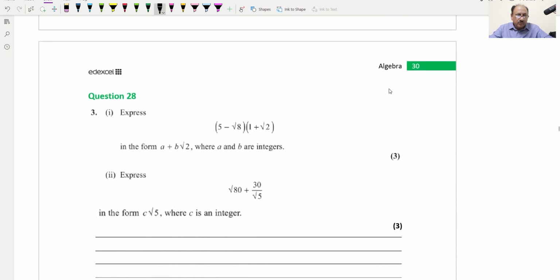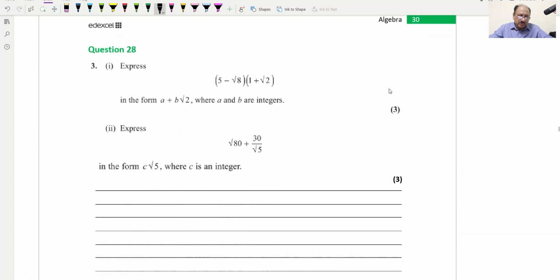Now we can move to question number 28, and question 28 says question number 3 of the past paper, express, part 1, express this in terms of this one where a and b are integers. This is 3 marks question.